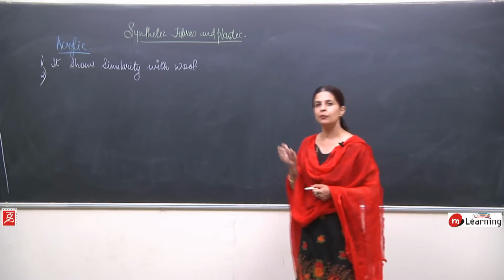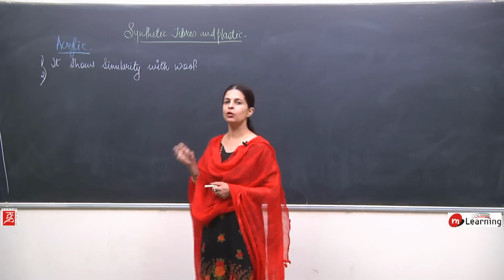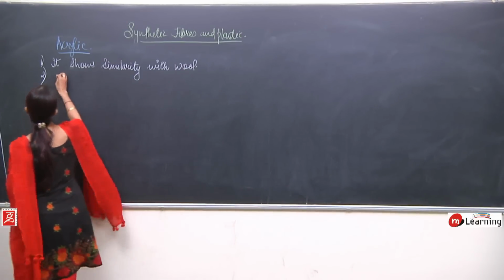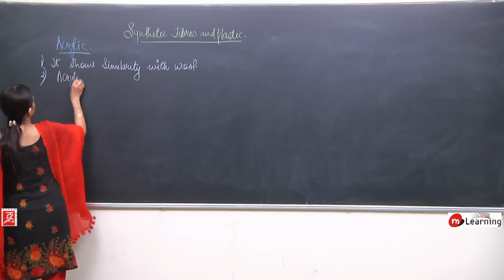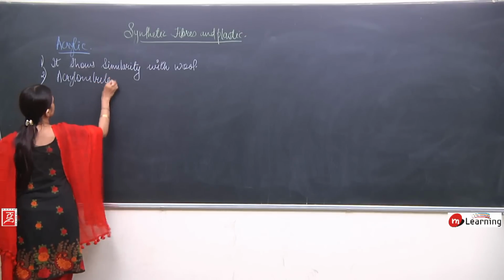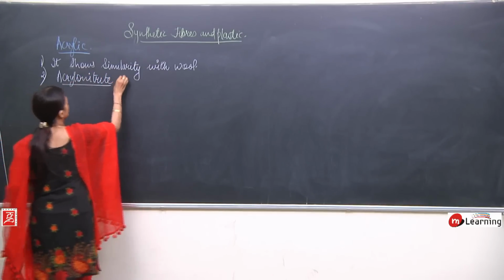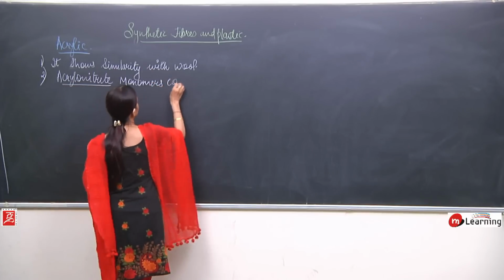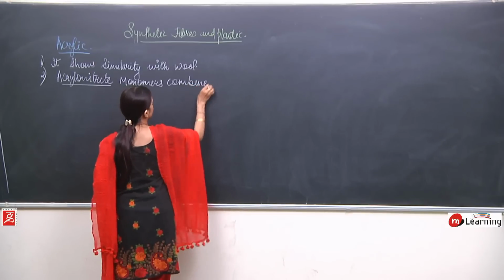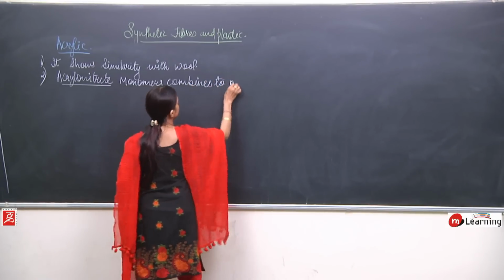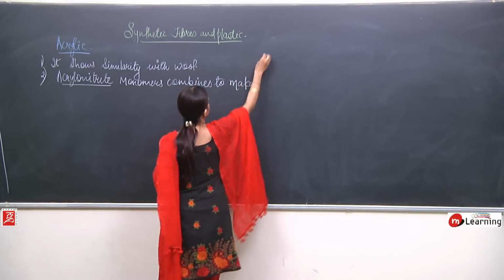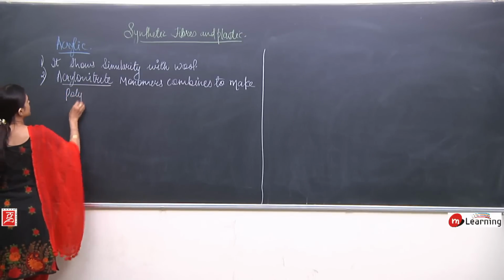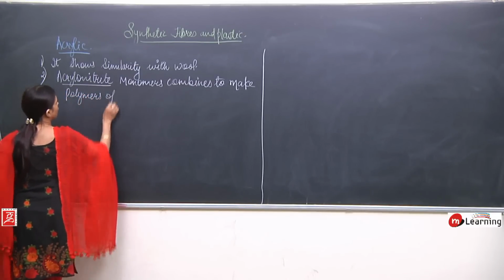It is a polymer made up of small monomers of acrylonitrile. Acrylonitrile monomers combine to make polymers of acrylic.